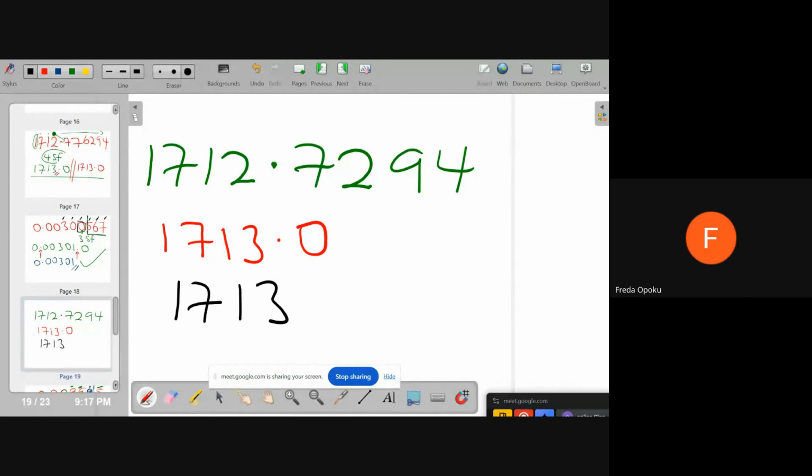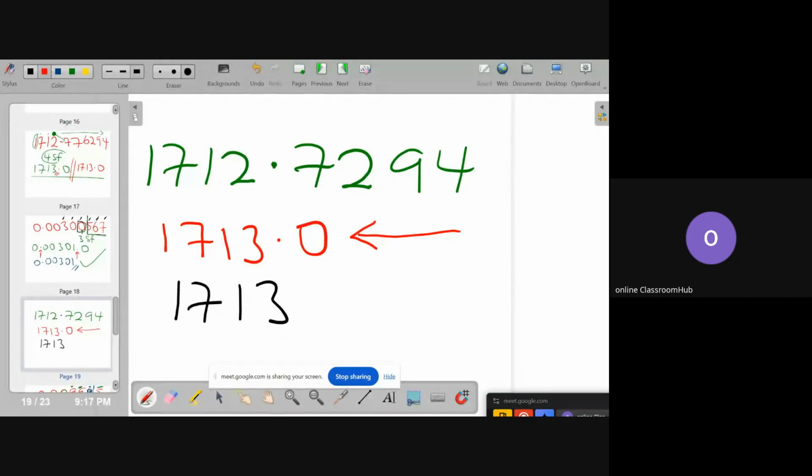Now I want us to bring this knowledge here. Listen to me. One person who gave us the answer in the red pen, tell us why he or she thinks so.